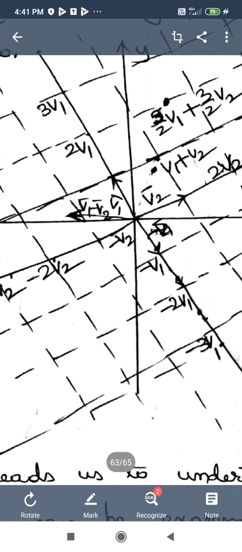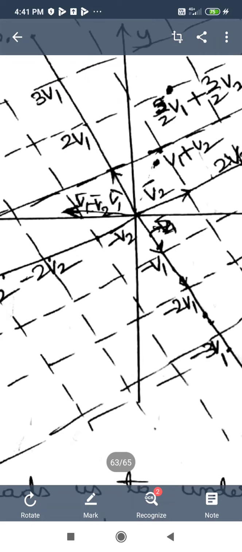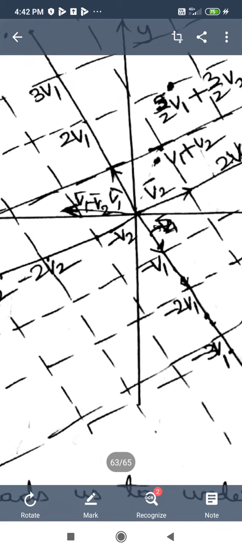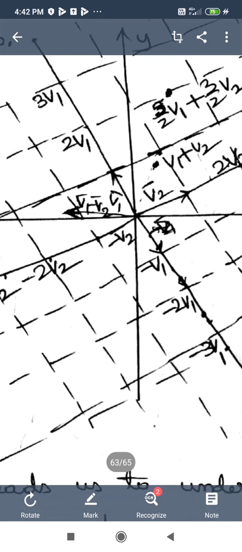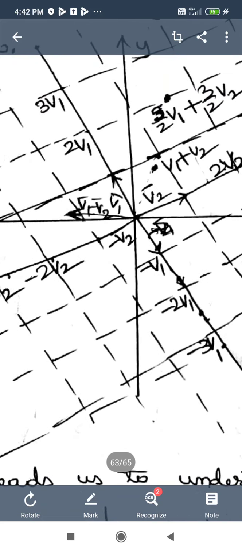See, 2v1 bar is at the point of intersection of parallel lines; from origin up to that intersecting point, that is the vector 2v1 bar, and from origin to the intersecting point above the 2v1, which is represented as 3v1, that is also a vector from origin to that intersecting point. So on the other side, in the fourth quadrant, we can see the negative vectors of all these vectors, and those are minus v1, minus 2v1, minus 3v1.